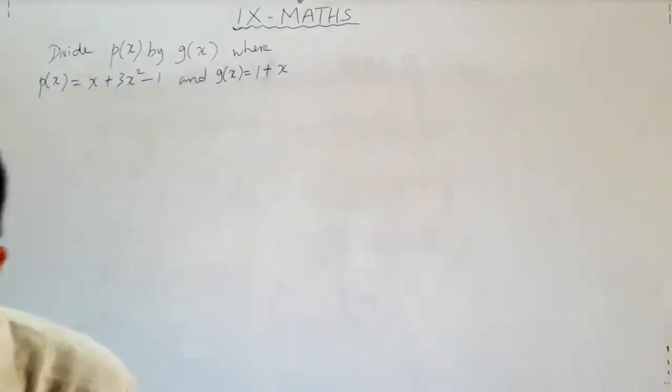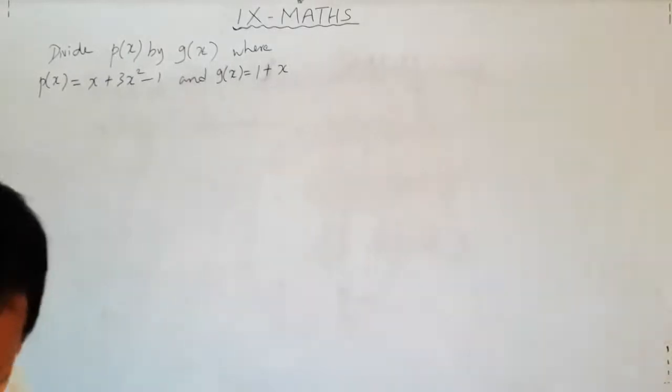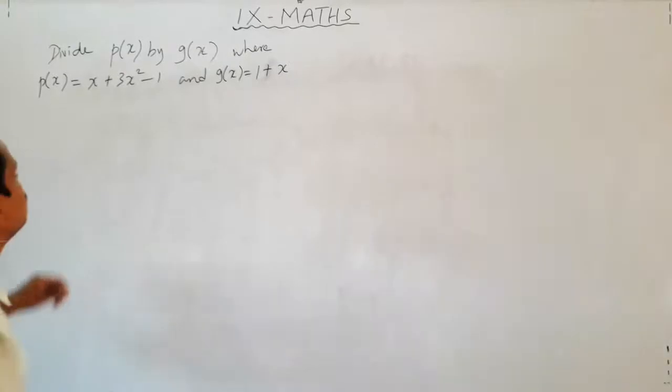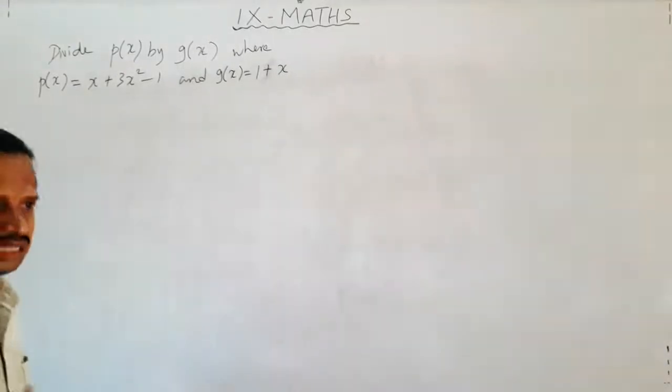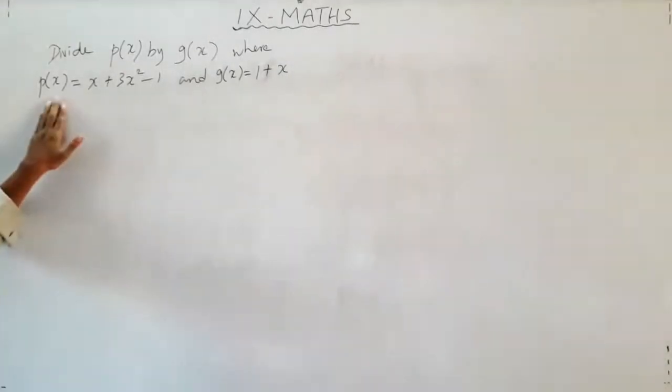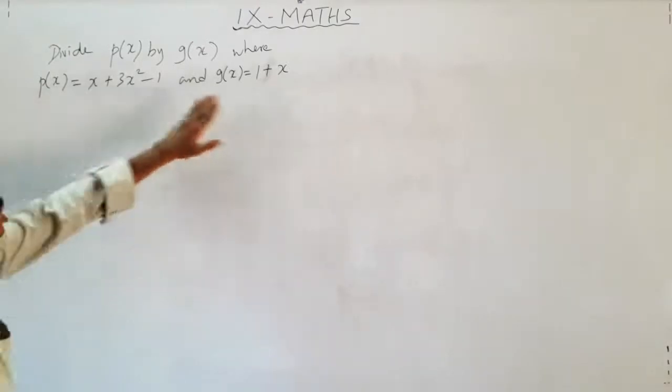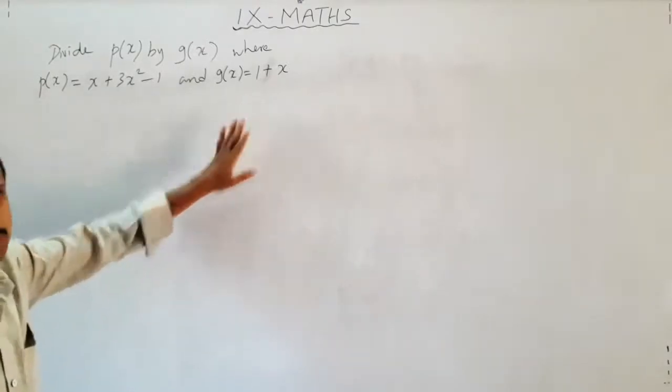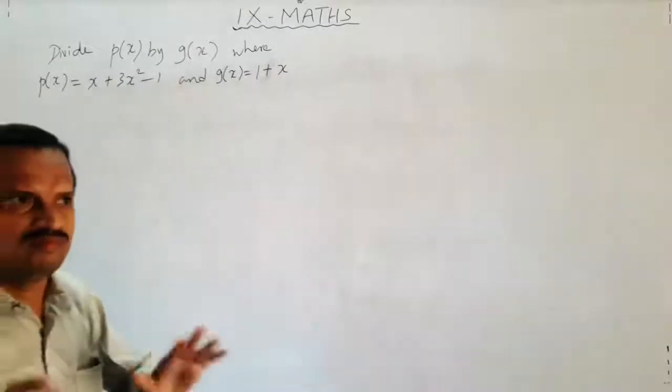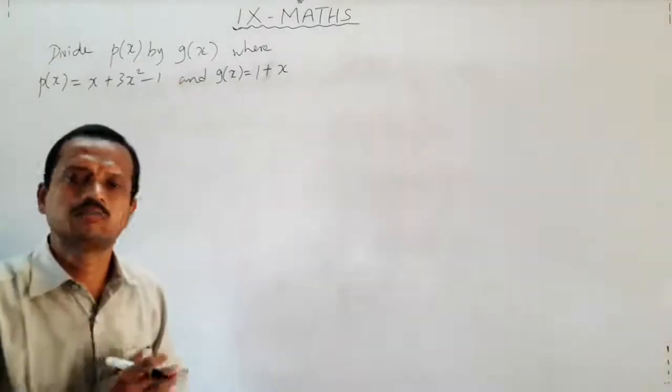Okay, so let us see what will happen here. When we divide a polynomial by another polynomial, they are named p of x, g of x. They are in the same variable x but different polynomials.